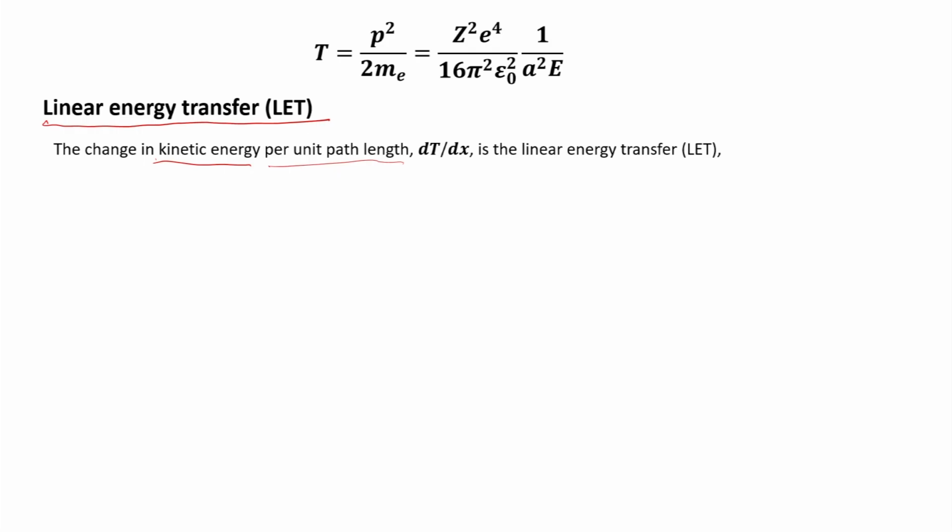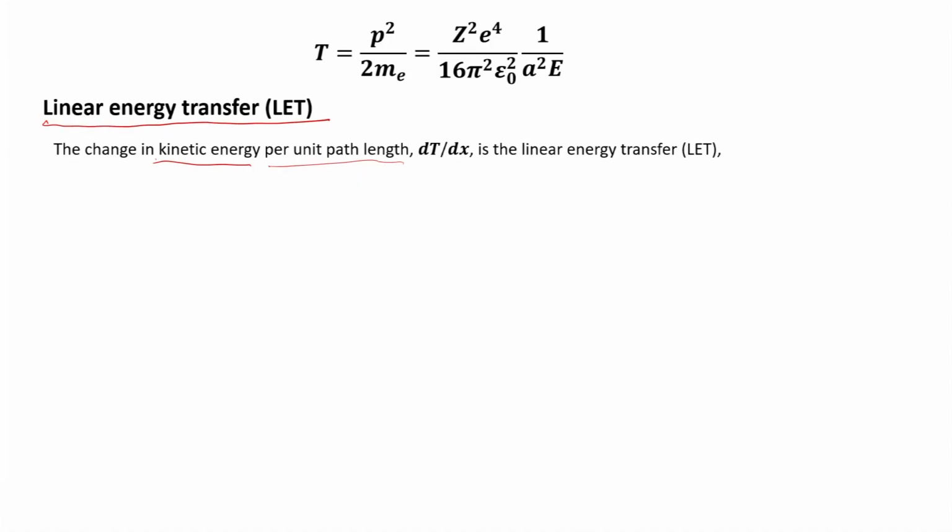The energy of the approaching charged particle or radiation particle, it will lose its kinetic energy, and that is given by this function T. So, if you take dT by dx, what does it mean? That it is the change in the kinetic energy per unit path length, and this is called the linear energy transfer, LET.